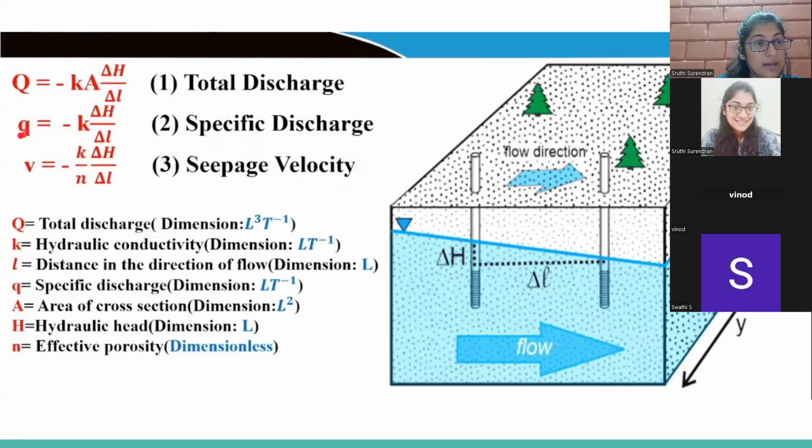Now if you see here, Q is nothing but big Q by A. Big Q is the total discharge, A is the cross-sectional area, when Q by A is equal to small q, and that small q is called the specific discharge.